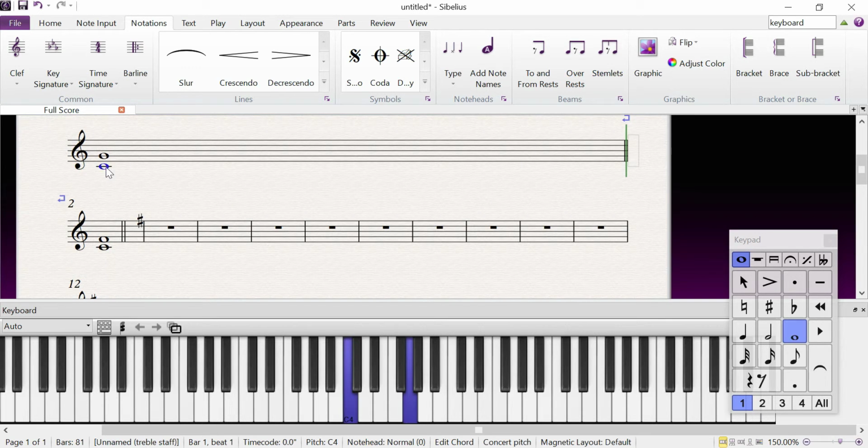So we have perfect fifth, C to G, and we have perfect fourth, C to F. So these are perfect intervals.